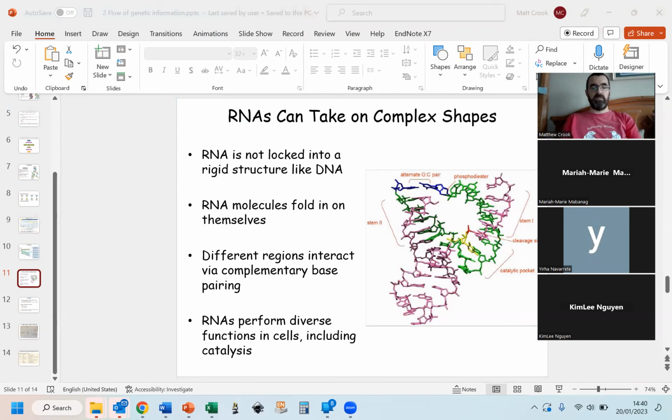And the fancy word for that is a ribozyme. That's an RNA enzyme, essentially.